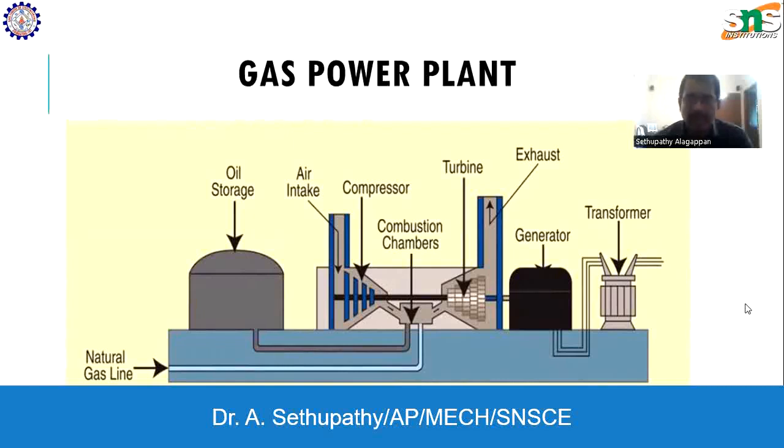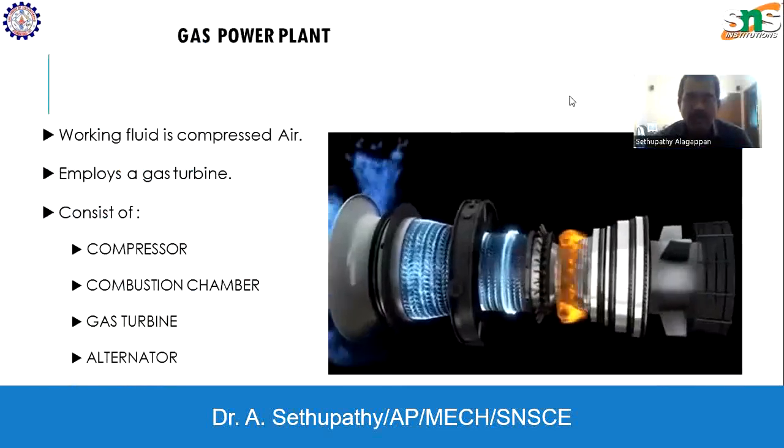The compressors used in the gas turbine are low pressure and high pressure, two types of compressors and two types of turbines, low pressure and high pressure turbines. These are all connected in a streamline and produce power. This is one of the power plants we use to produce power.